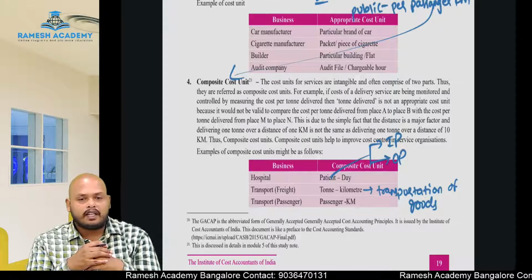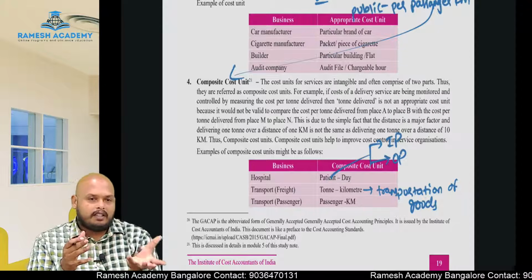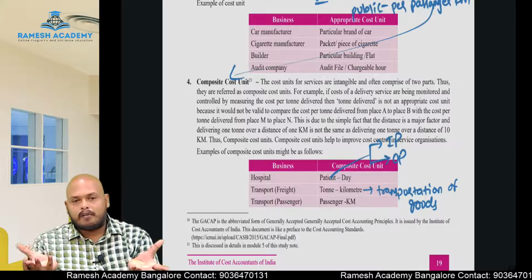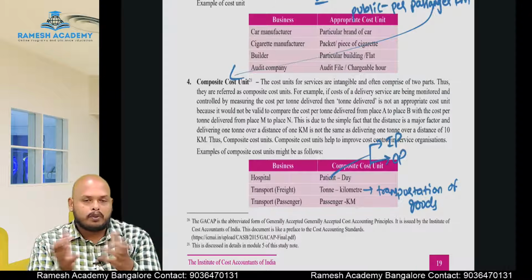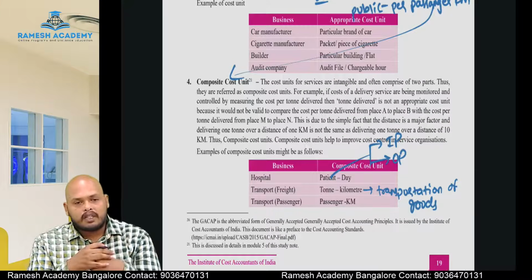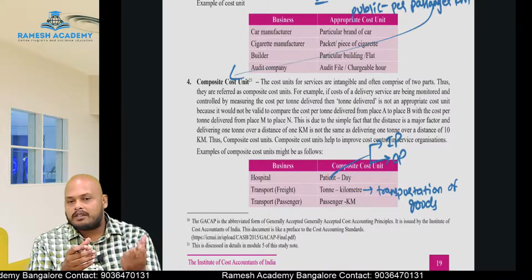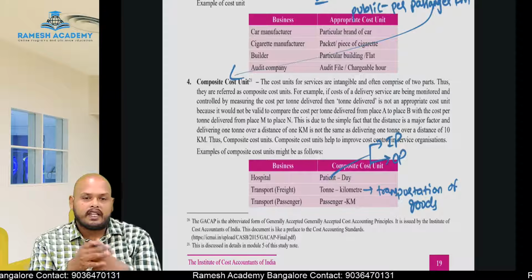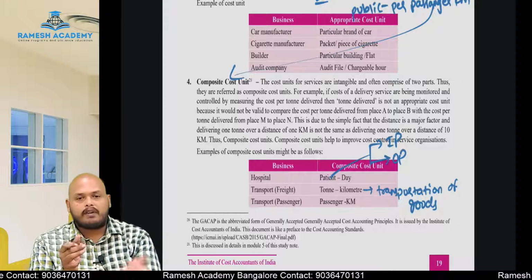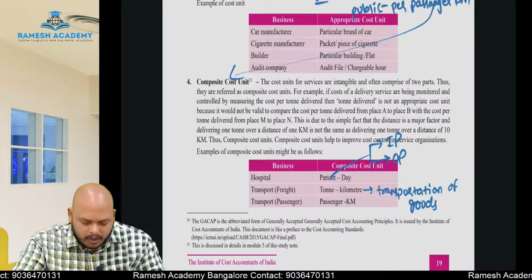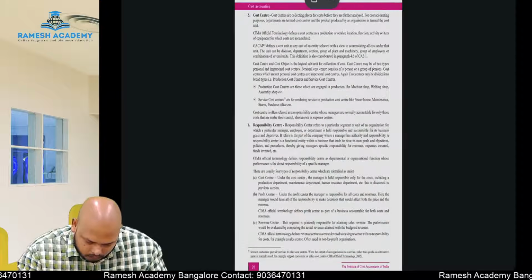That we will call a tonnage kilometer. Tonnage is a 1 unit and kilometer is a 1 unit here. Both together we will call a composite cost unit. That we will call which cost unit? Composite cost unit.